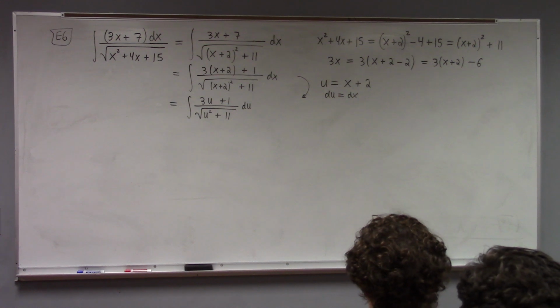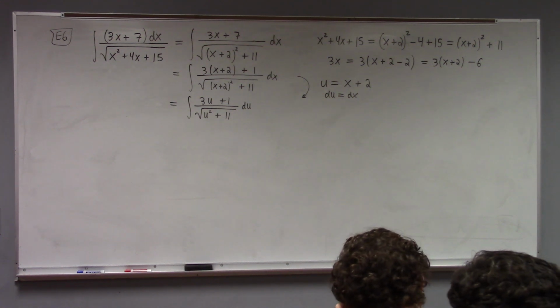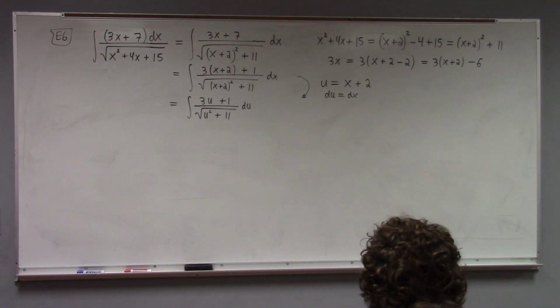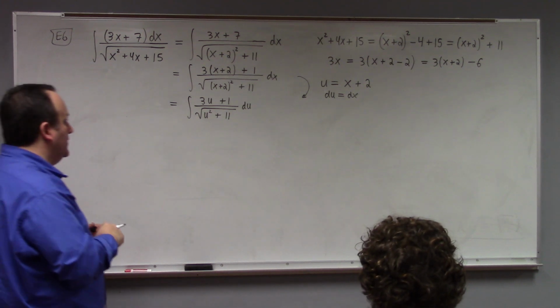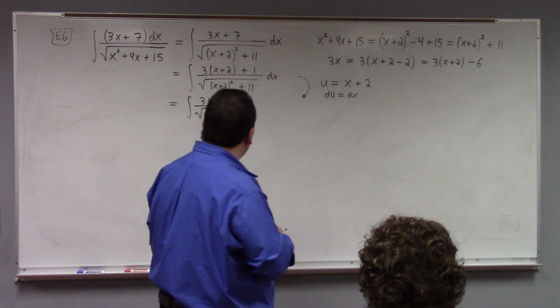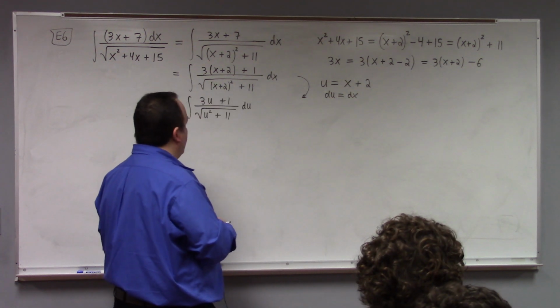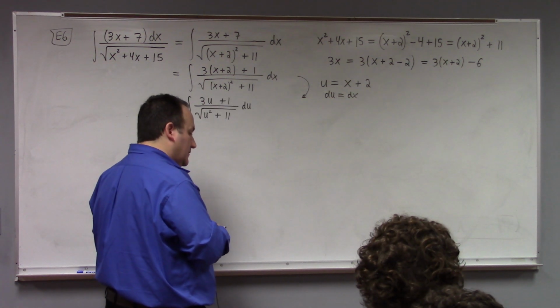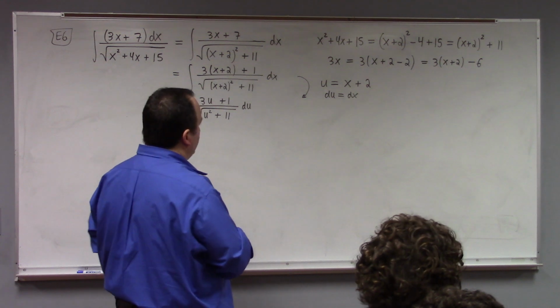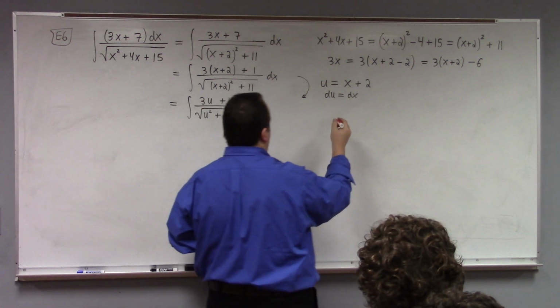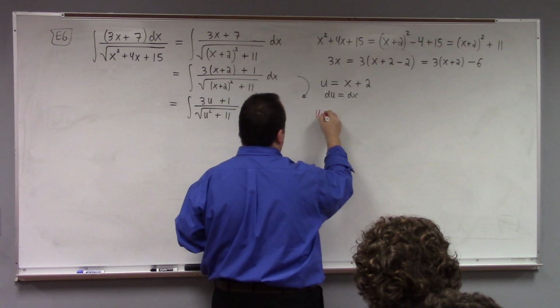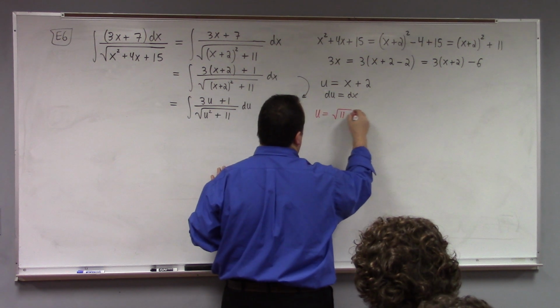So how do we integrate that? A tangent? So you say we let tangent, let's see here, is that right? Yeah, I think that's right. So u equals what? You say u equals the square root of 11 tangent theta.